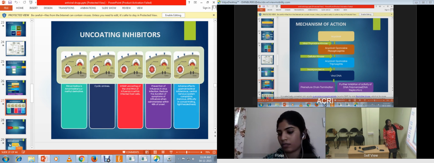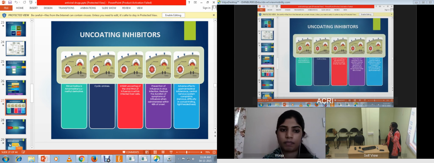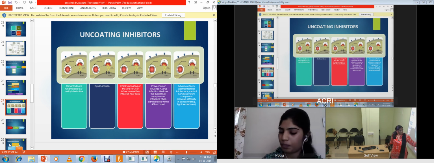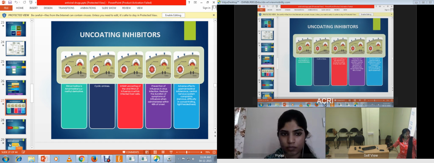Next is uncoating inhibitors. Which drug have we seen? Amantadine, yes. Rimantadine is a methyl derivative of amantadine. It is a cyclic amine that inhibits the uncoating of the viral RNA of the influenza virus within the infected host cells. It prevents influenza and reduces the duration of symptoms when administered within 48 hours of onset.